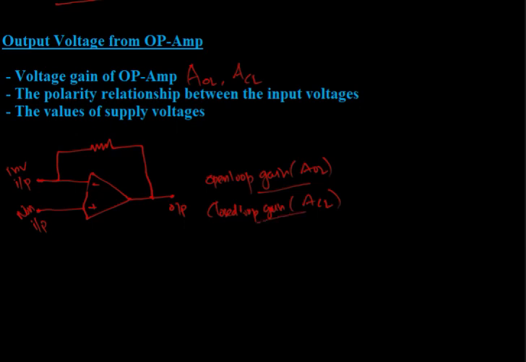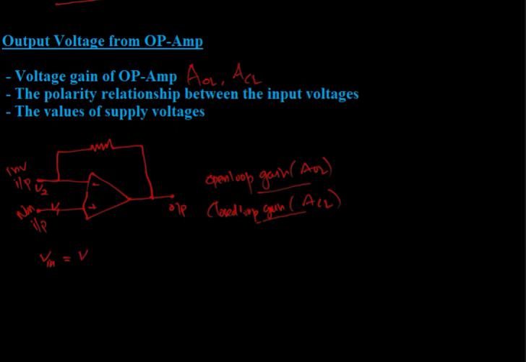Now if we consider the polarity relation between the input voltages, suppose V1 is the voltage applied to the non-inverting terminal and V2 is the voltage applied to the inverting terminal. The actual input voltage to the operational amplifier will be the difference in the two voltages, which is amplified by the operational amplifier.